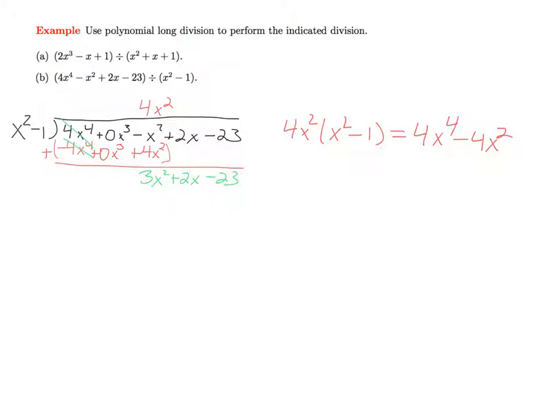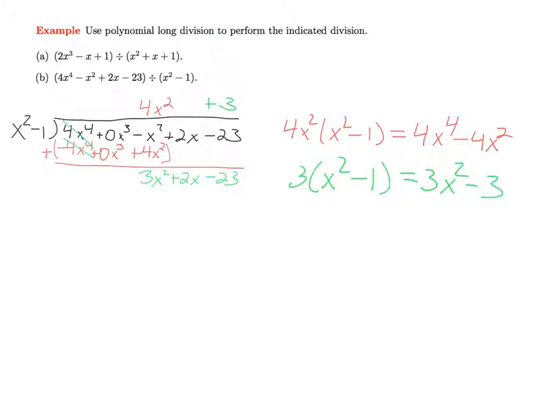Now I look at the remaining polynomial, which has a leading term of 3x squared. My divisor has a leading term of x squared, so for these to match, I need to multiply the divisor by 3. When I multiply the divisor by 3, we wind up with 3x squared minus 3.